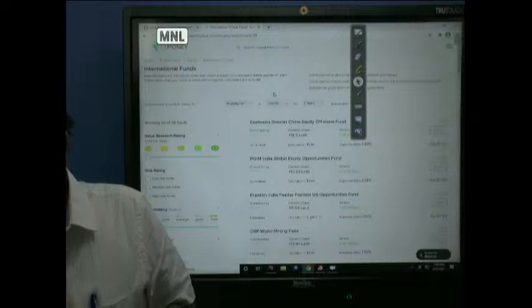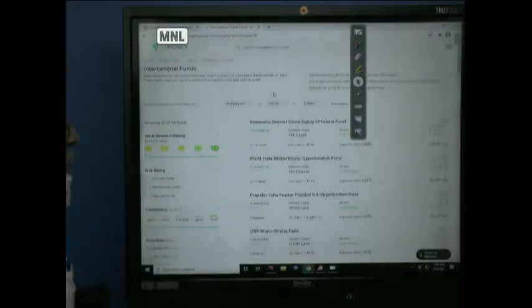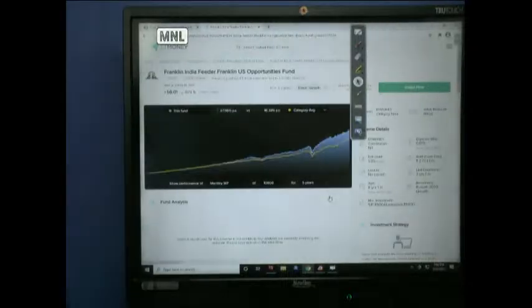Okay. Now Franklin, let us say you got Franklin India Feeder, this one, US Opportunities Fund. Okay, so let's look at this particular scheme, how it has done well.